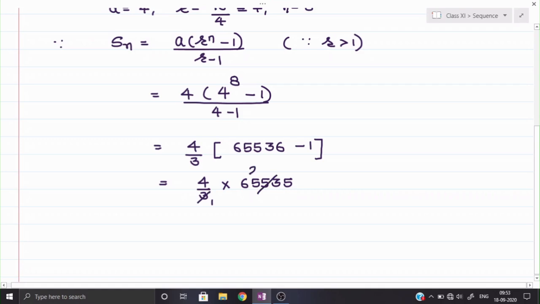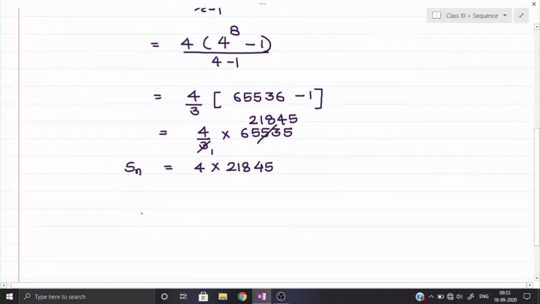So 3 to the 6, 3 ones are 3, remaining 2, 25, 3 8s are 24, then remaining 1, 13, 3 4s are 12, and 3 5s are 15. This gives 21845. So 4 into 21845, that we can say is Sn, or the total number of letters.